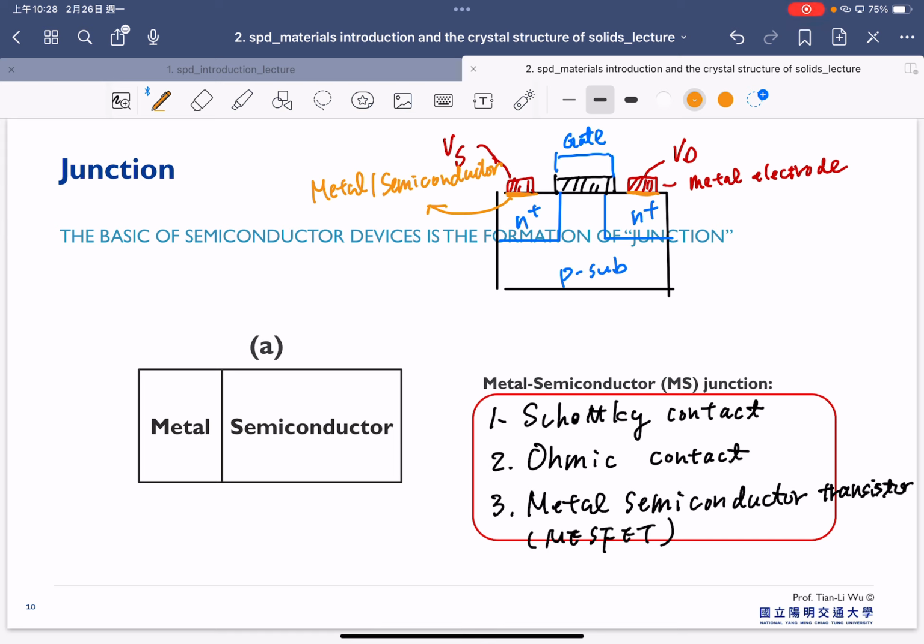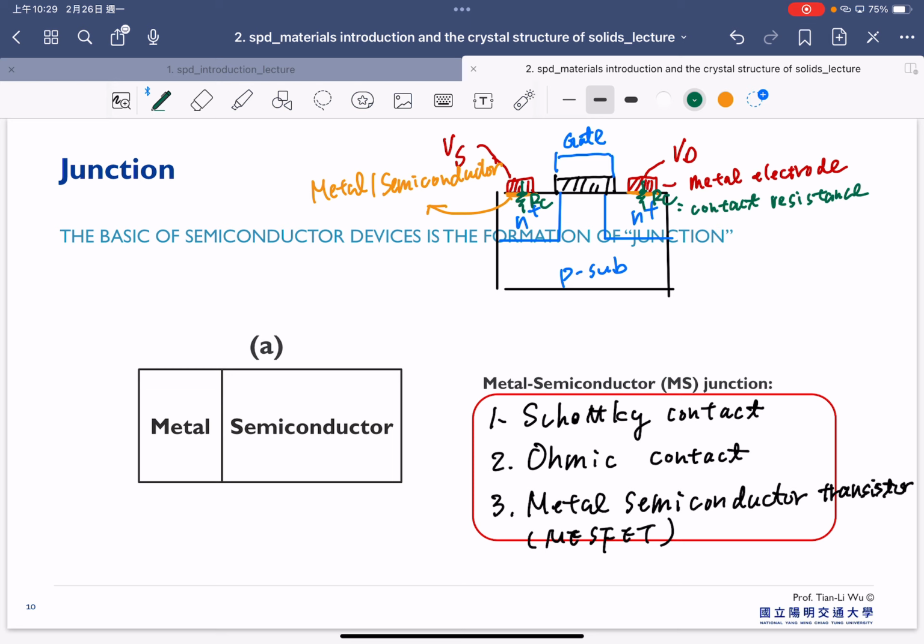And it's important to know that since these are two different materials, we can expect that there is a certain resistance in between. Usually we call this the contact resistance, RC.